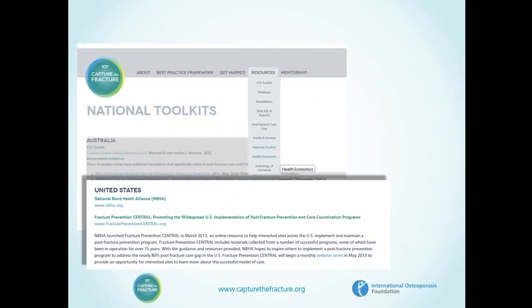In the webpage, you can also find the various national toolkits. We have used the webpage to allow all countries to submit information that they have. This is particularly important because we think the FLS will rely on people sharing information and supporting each other.